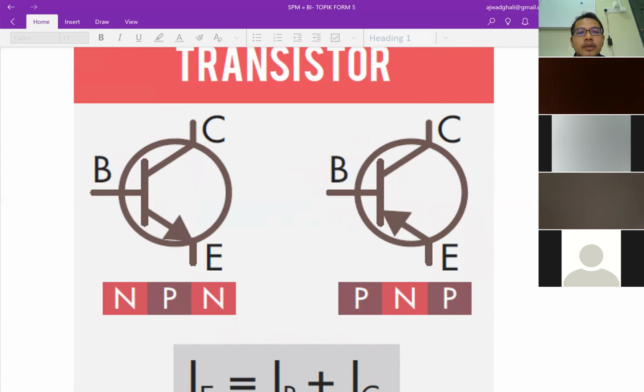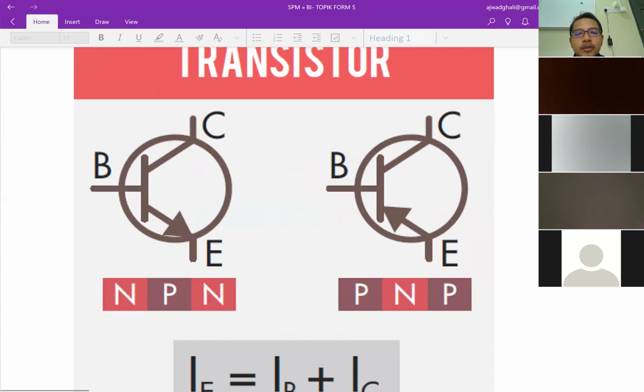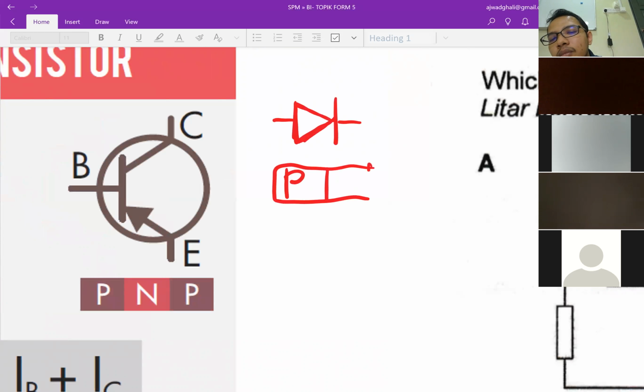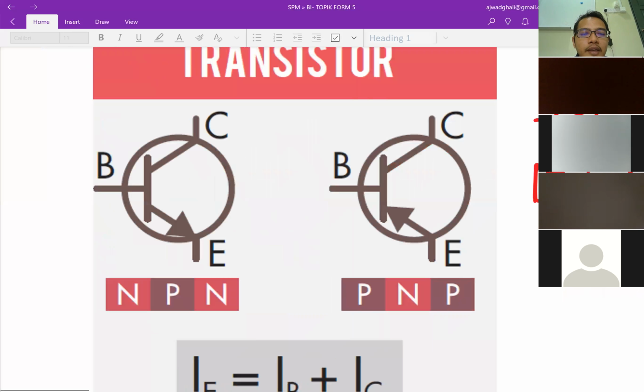So remember back to the diode. When you learned the diode, the arrow shows you P-type to N-type. So the arrow shows you P to N, and you can apply that to the transistor.